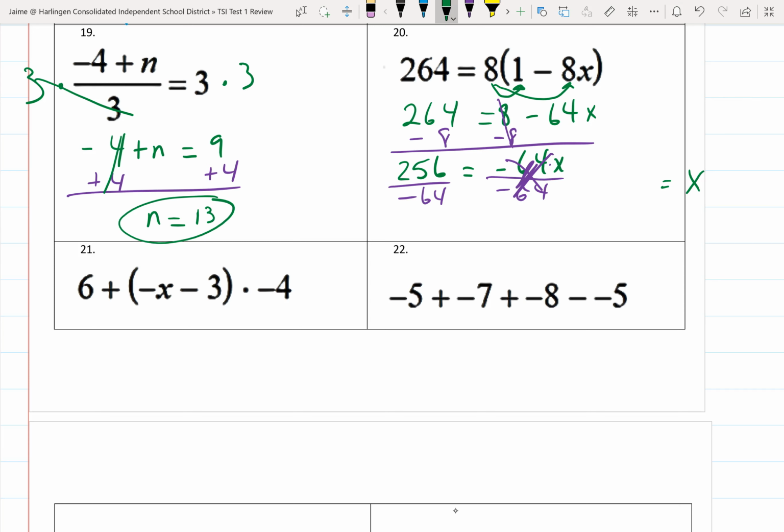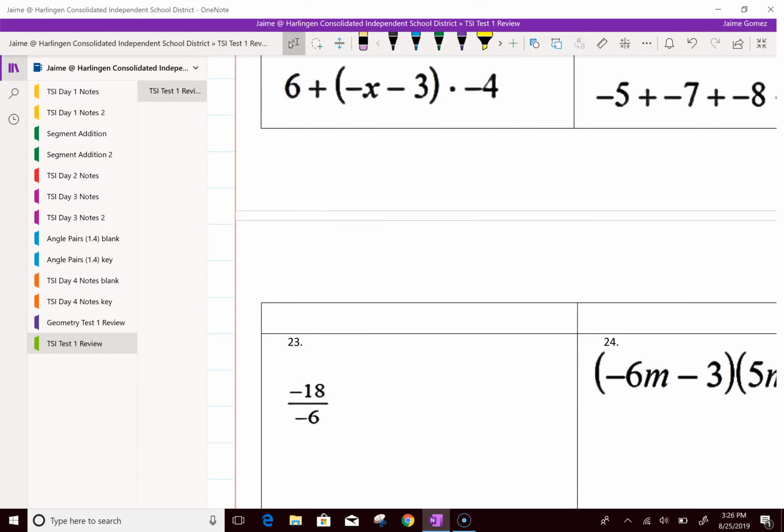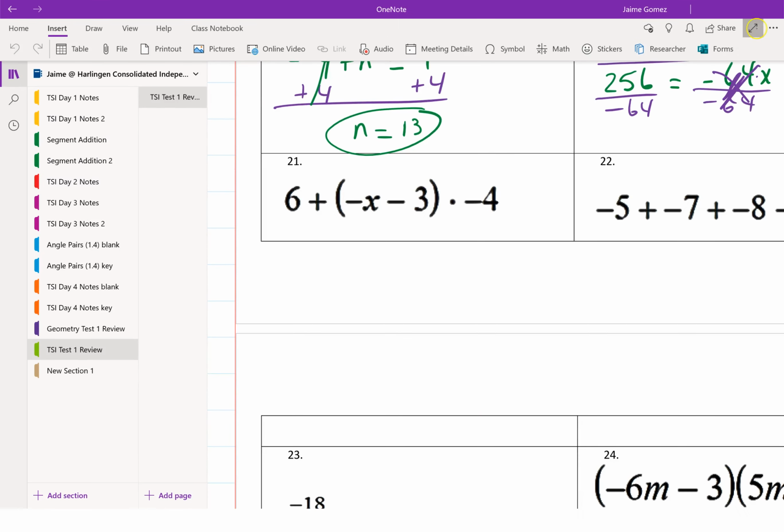Now that one's a pain in the butt. You might have to work it out, 64 times 1, 64 times 2, whatever. But regardless, it's a positive divided by a negative. That means our answer is negative. And if you divide that, you're going to get 4. So negative 4.